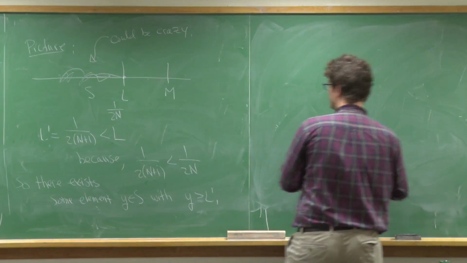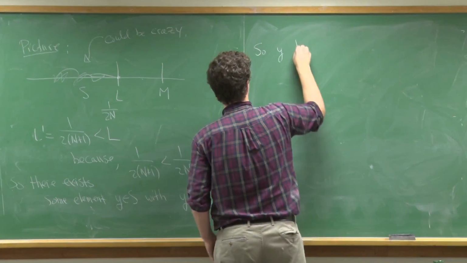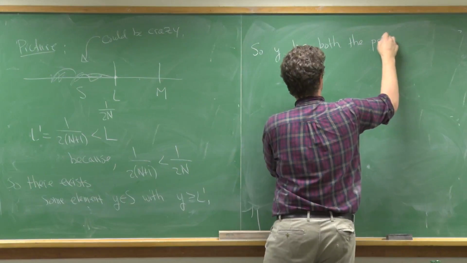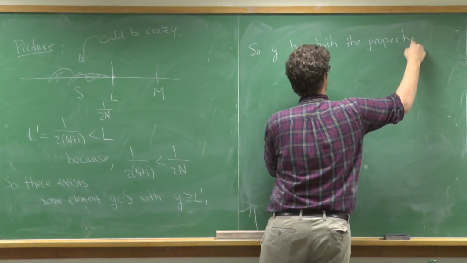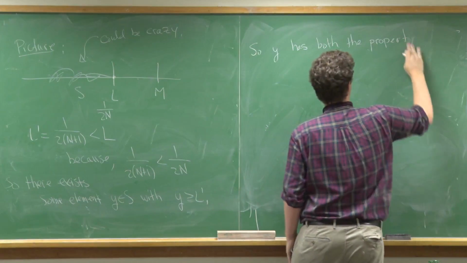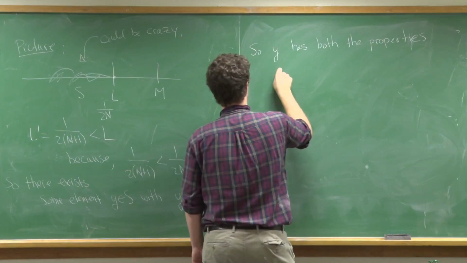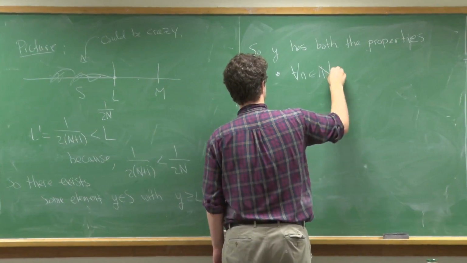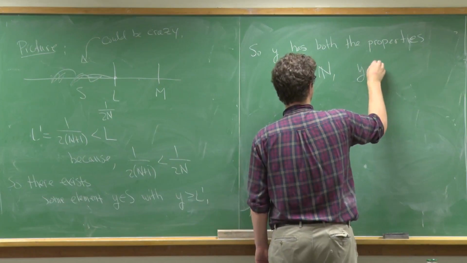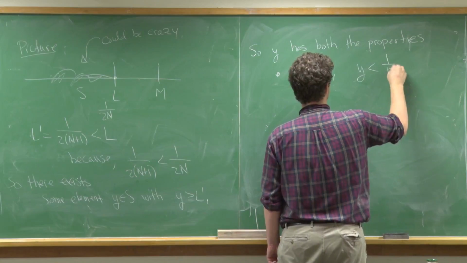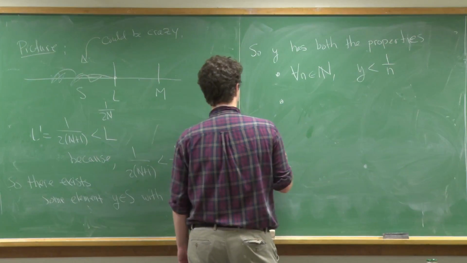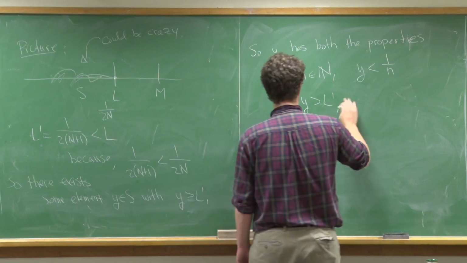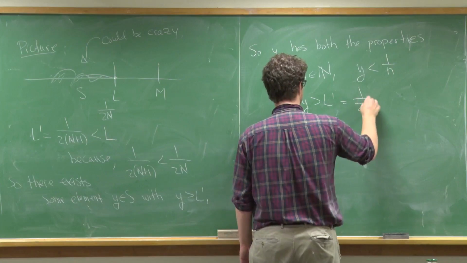So y has both the properties here, that for all n in the natural numbers, y is less than 1 over n, and it also has the property that y is greater than L prime, which was 1 over 2n.